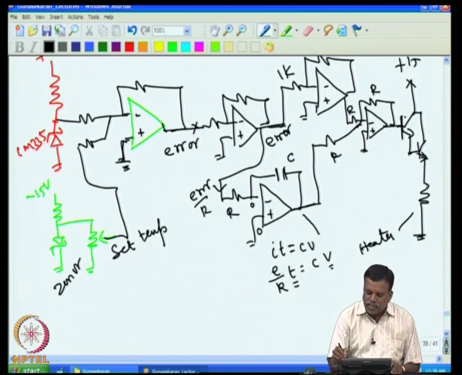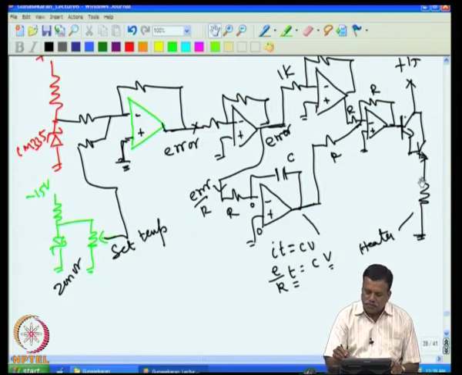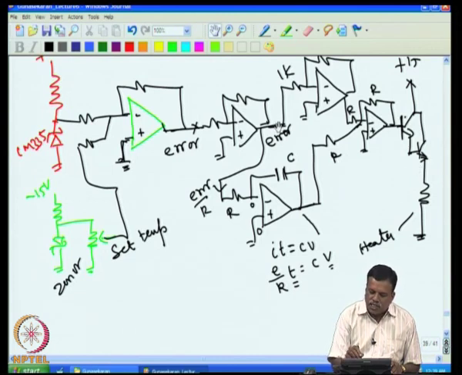That means, to change 100 degree temperature here, I need to have 20 volt change here. That means, if at this point 20 volt change occurs, we know that the temperature will change by 100 degree C. That we found out experimentally, there is no other way. So, if 100 degree change has to occur, then 20 volt change has to take place here. That means, 20 volt change has to take place with 10 millivolt change here.